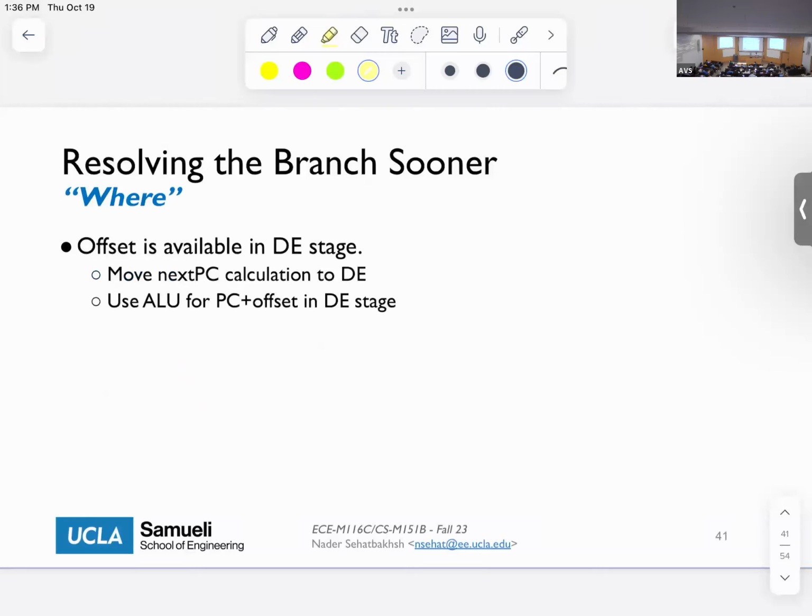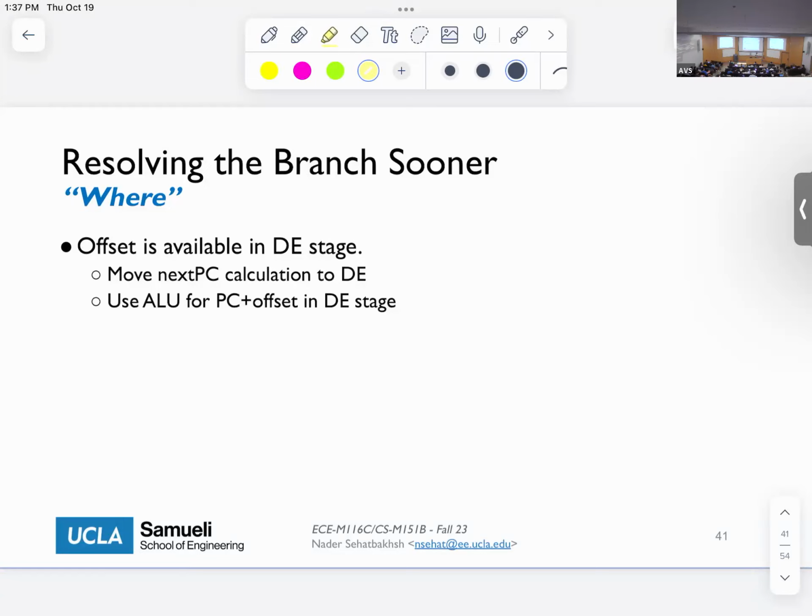So let's talk about the where part. The offset, if you think about it, is already available in the decode stage, right? Because the offset is part of the immediate, which is part of the instruction. All you need to do is the sign extension of your offset, and boom, you're going to have it in the decode stage.